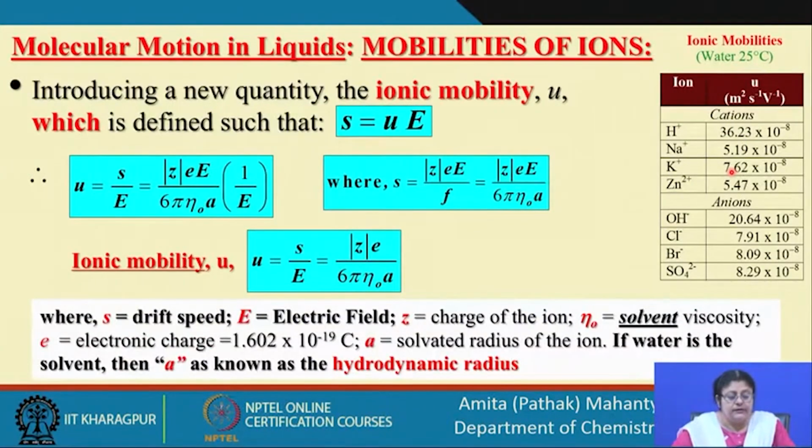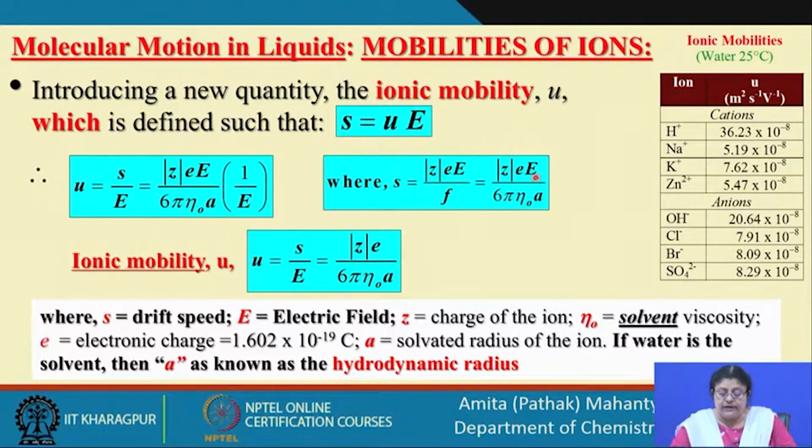The drift speed is important because the mobility is directly proportional to the drift speed divided by the capital E. So, if I know the drift speed, which is given by an expression like Ze E divided by 6 pi eta A, what are the variables you can see in this expression?